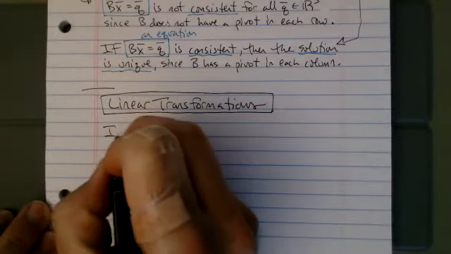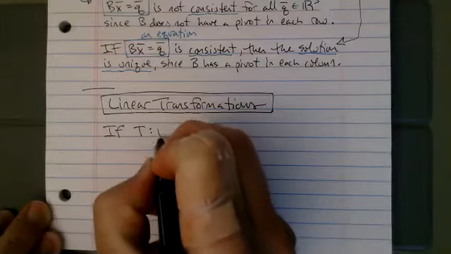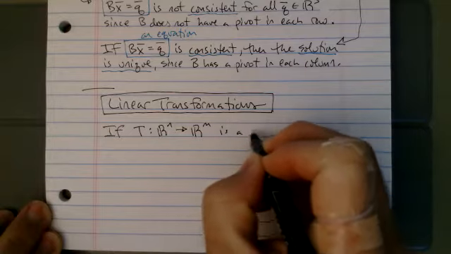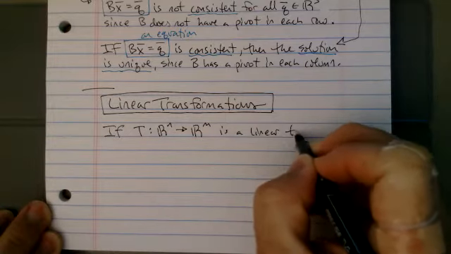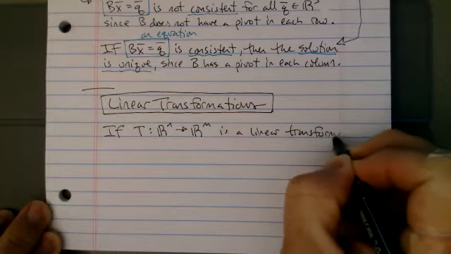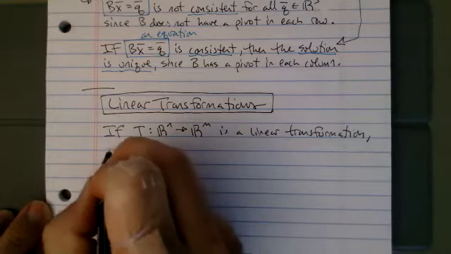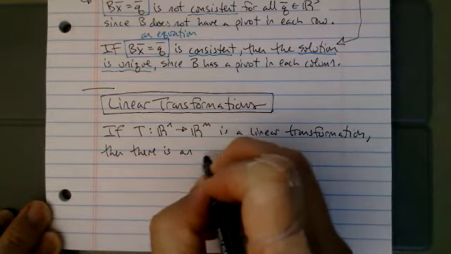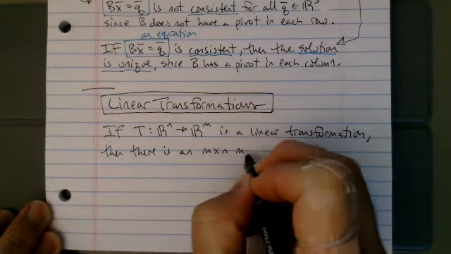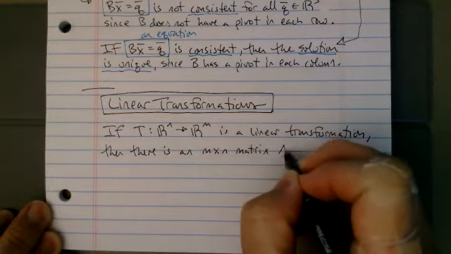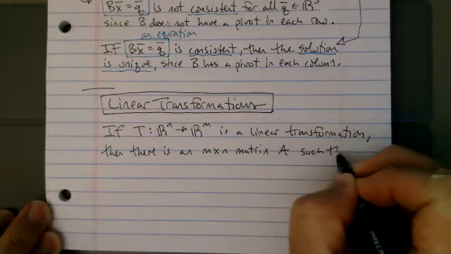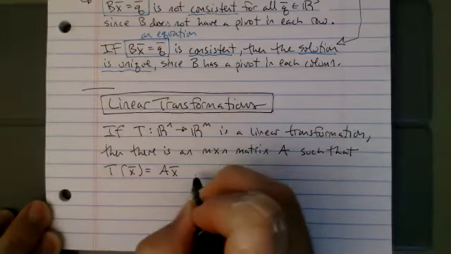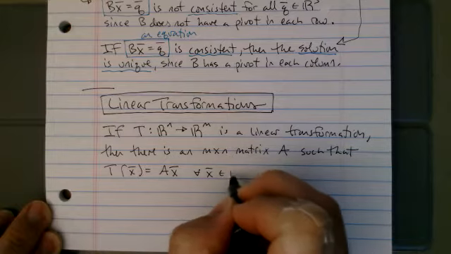So if we have a linear transformation, if T maps, let's say, Rn to Rm is a linear transformation, then there is an M by N matrix A such that T of X is A times X for all X in Rn.